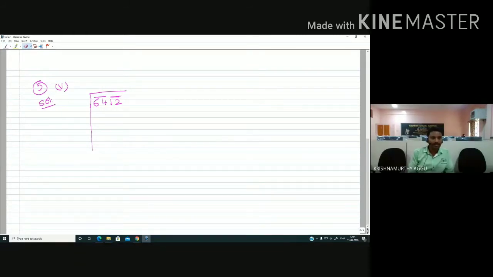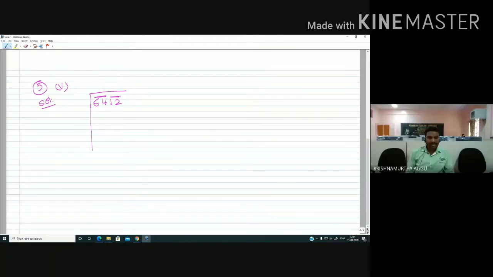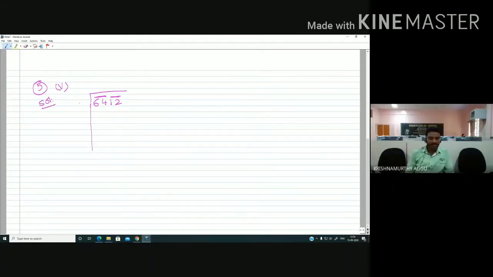Okay, so let us see what is to be done. 6,412. Take the first bar number. What is the first bar number? 64. Is it a perfect square number? Yes, sir. If it is a perfect square number, what you need to do directly?